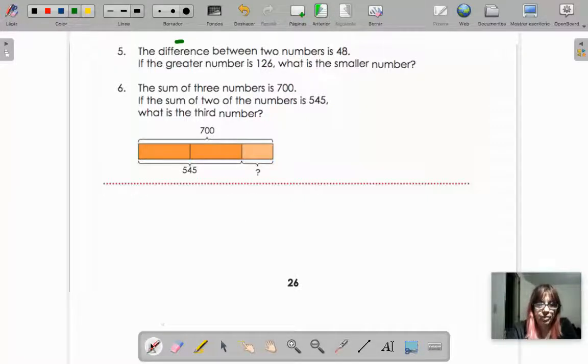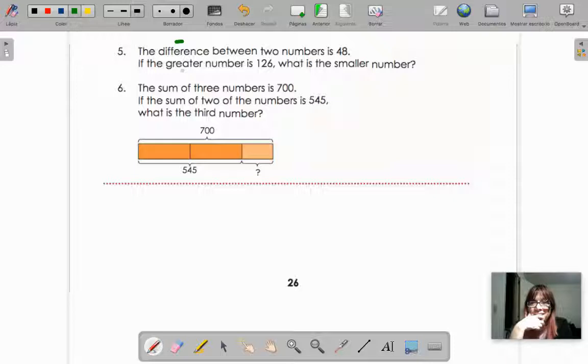So, the difference between two numbers, okay, is 48. If the greater number is 126, what is the smaller number? So are they telling us the big number? Yes or no? What do you think?